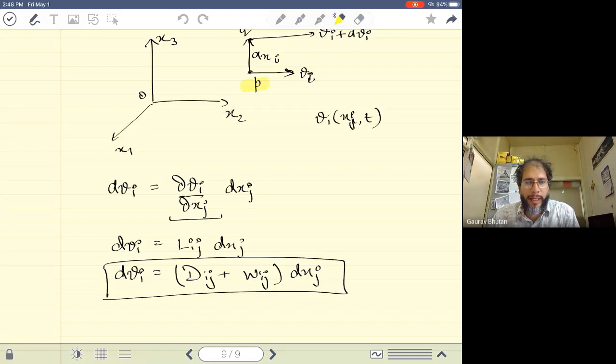Given dx, that is, if I tell you where the point q is, because all the dx vectors originate from point p, different dx vectors just tell us where the point q is. So if I am able to tell you what dv is as a function of dx, then that's all we need. We have the information about all the points in the neighborhood of point p. That's where we ended.